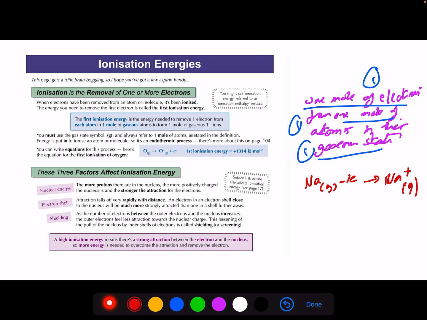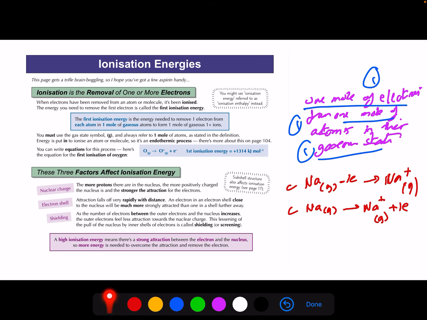Sometimes some students like to just add the 1 mole of electrons to the product, which is completely fine. So sodium gas would give me the sodium ion plus gas plus the 1 mole of electrons. Both of these formulas are okay and correct to use.